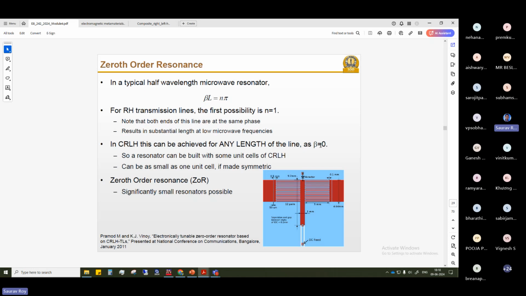This is called zeroth order resonance. This is one unit cell. You can take just one simple CRLH transmission line unit cell, where you have a shunt inductance as well as a series capacitance, and together with the other right-handed materials, it can behave like this. So this is one example.